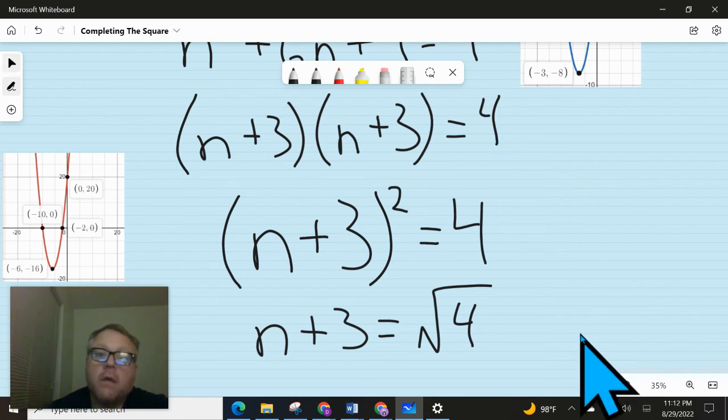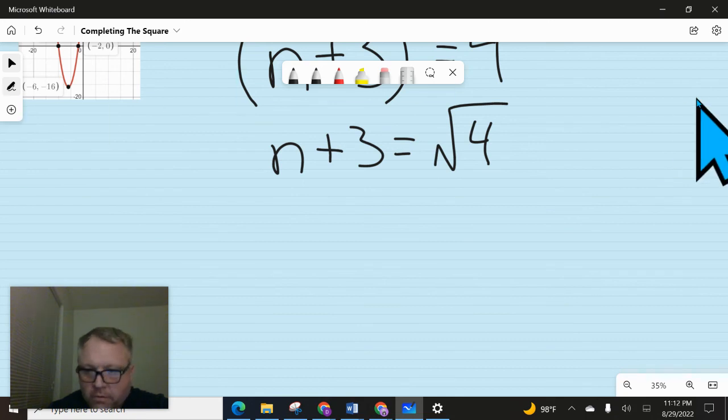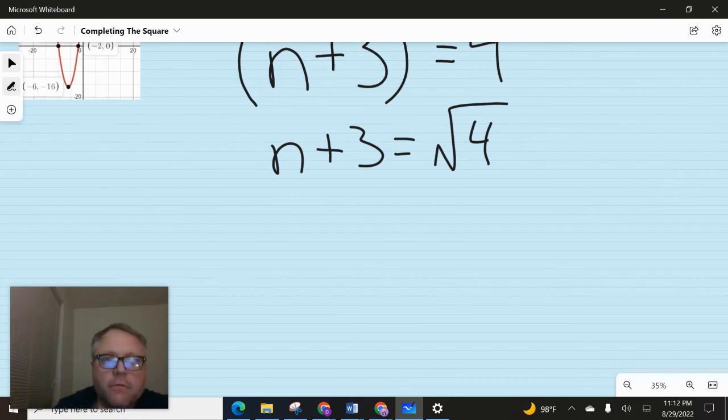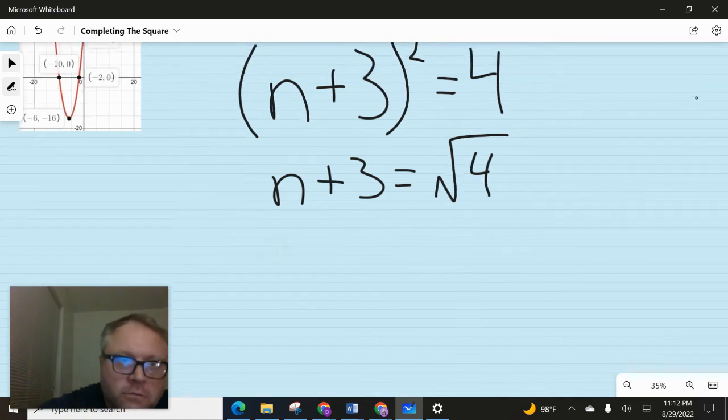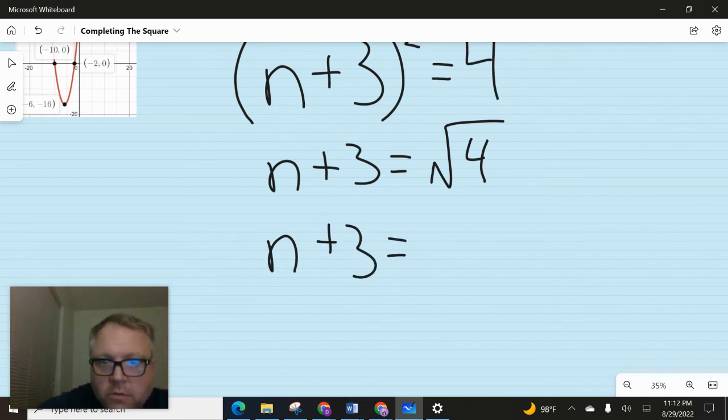What number times itself equals 4? That has two answers, both positive 2 and negative 2. So n plus 3 equals positive and negative 2, and when I subtract 3 from both sides, we run through this twice.